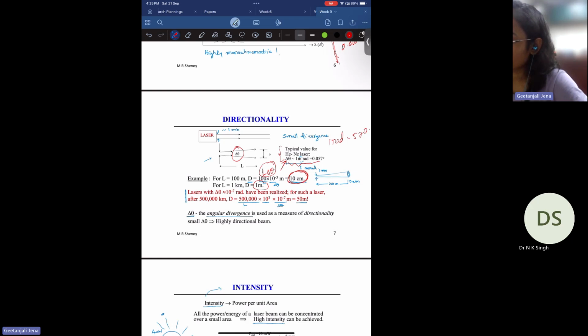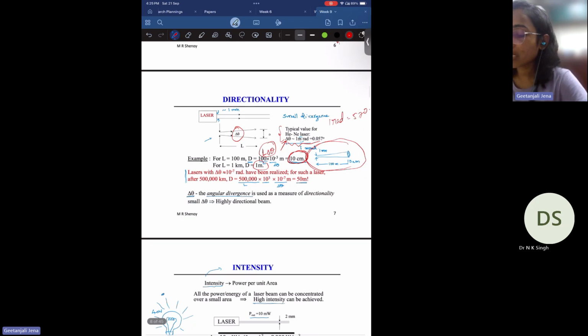This is shown in this schematic. Now if you use a laser with a delta theta of 10 to the minus 7 radian, which is much less than 1 milliradian, then after traveling through this distance the D will be 50 meters.